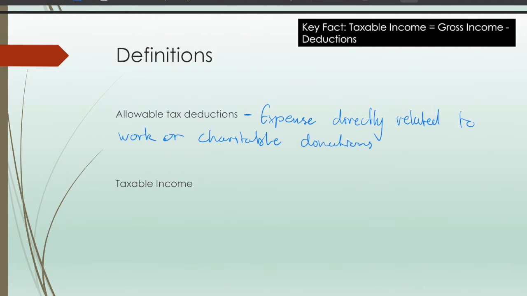And so when we're talking about taxable income, what we mean is total income minus deductions, minus tax deductions, I should say, specifically. So this is for the purpose of the government assessing how much tax you have to pay. It is essentially your income in the eyes of the government.